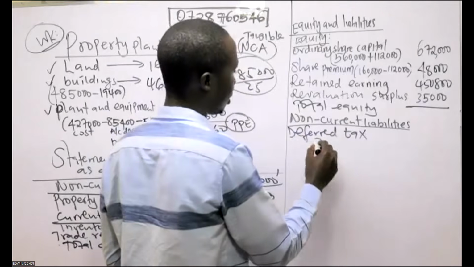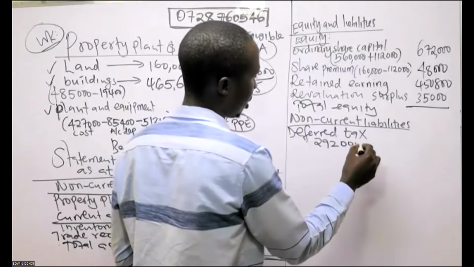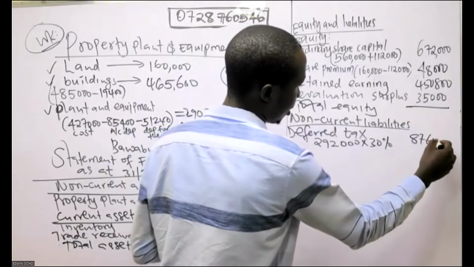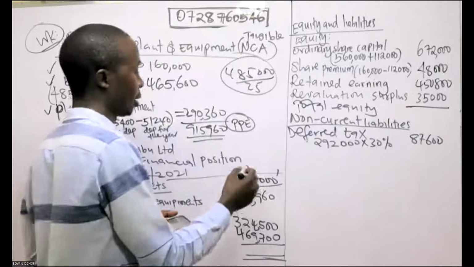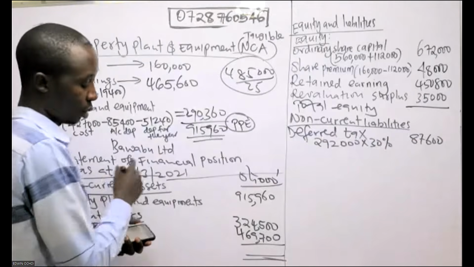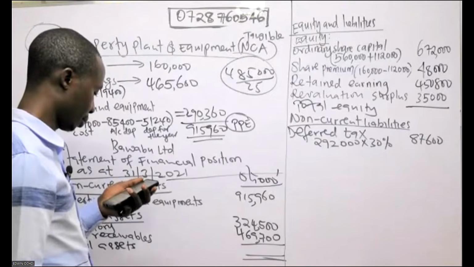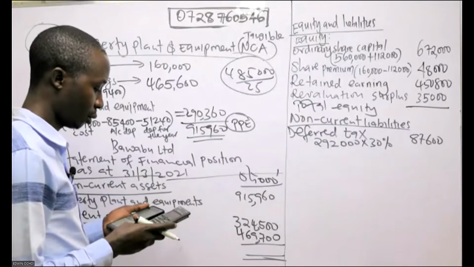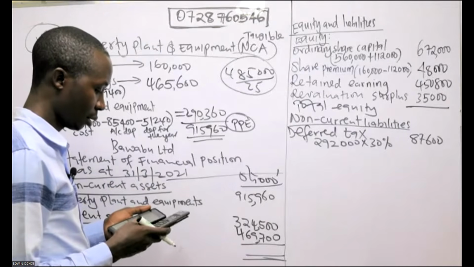So the deferred tax, 292,000 times 30%, we got 87,600. Remember, this is the deferred tax as at this date, 31st March 2021, according to note 3. The taxable temporary difference of 292,000 times 0.3.